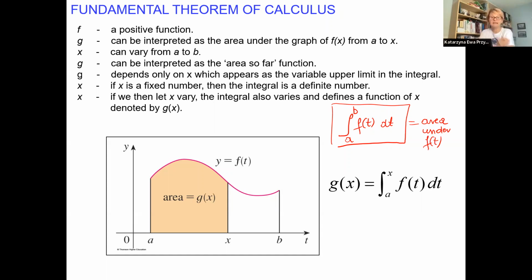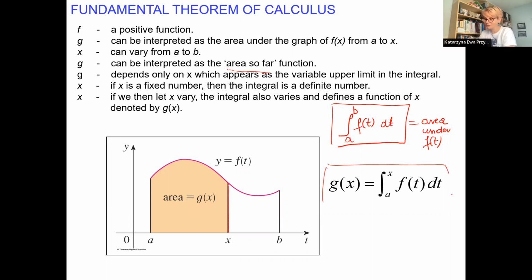But I introduced the quantity x, a variable which varies only between a and b. I draw it here; it could be any point, we can move it. That area I call a new function, g of x. That means g is the area up to x, the area so far, from a to x.